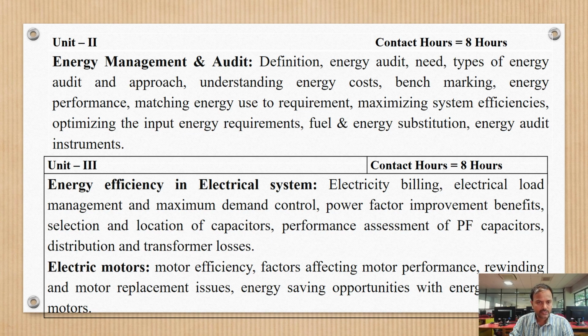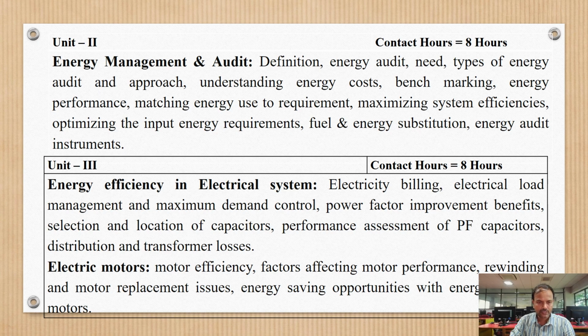And unit number 3 covers energy efficiency in electrical systems. Electricity billing, electrical load management, maximum demand control are some of the important aspects. As far as energy conservation is concerned, we'll also discuss one more important point, that is power factor improvement, and how by improving the power factor we can conserve energy.